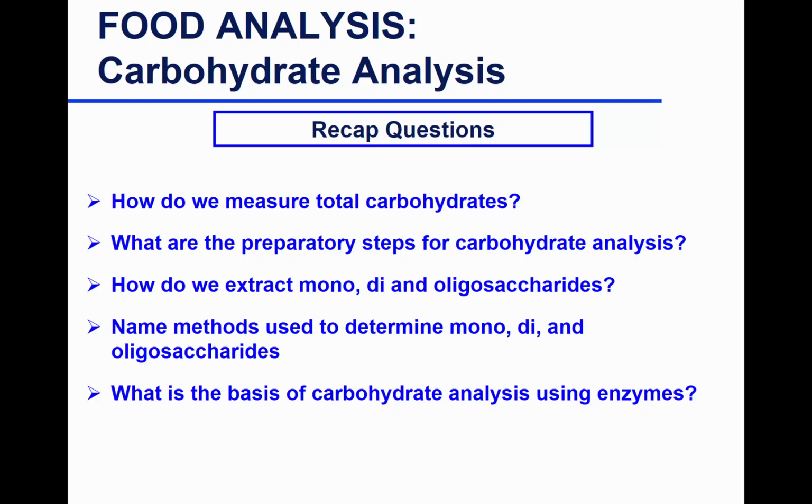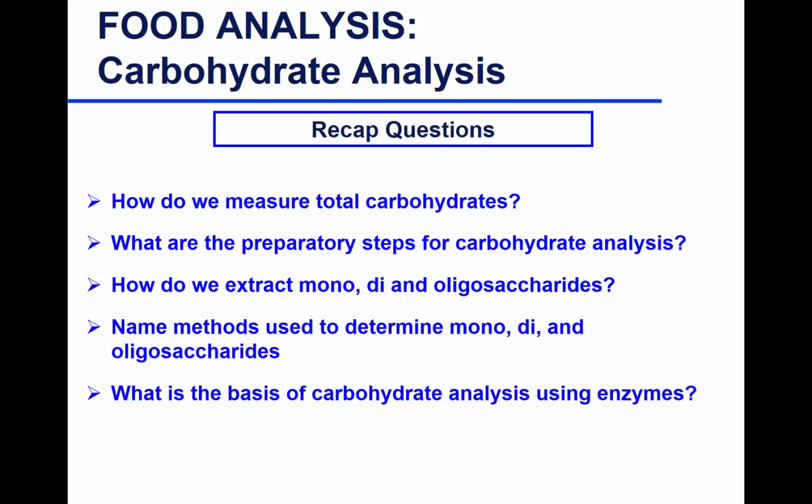What is the basis? If you're using an enzymatic method, how are you really measuring? What's the basis of this measurement? Remember the reactions that we talked about on Wednesday? No, I don't think anybody remembers. So basically you want to convert reactants to products and have either a reduction or an increase in absorbance at a particular wavelength.